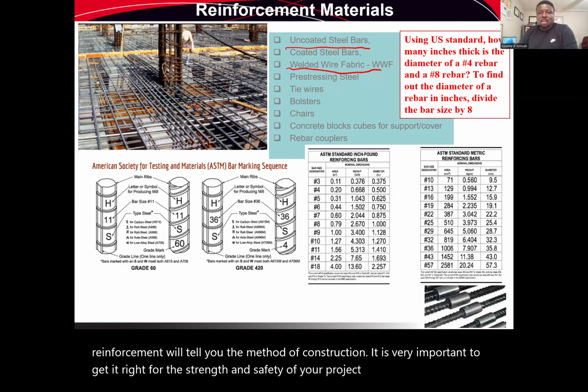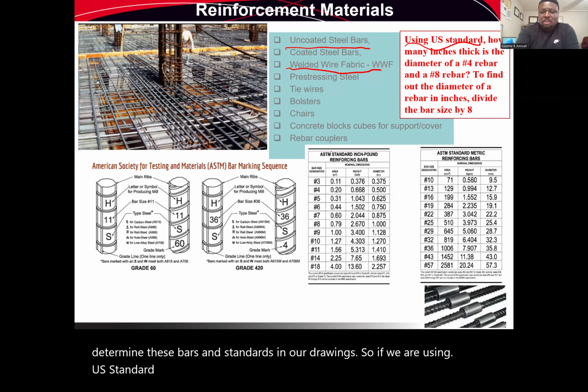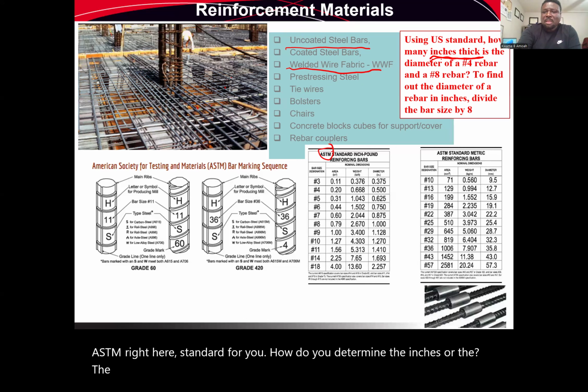Let's talk about how we determine these bars and standards in our drawings. If we are using the US standard, which is ASTM, how do you determine the inches, how many inches is the diameter of number 4 rebars and number 8 rebars, right?